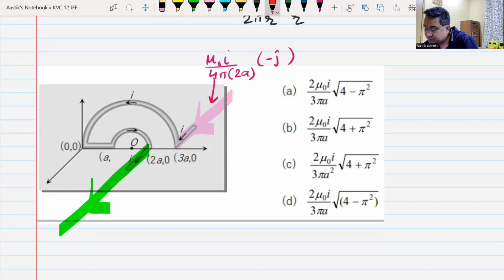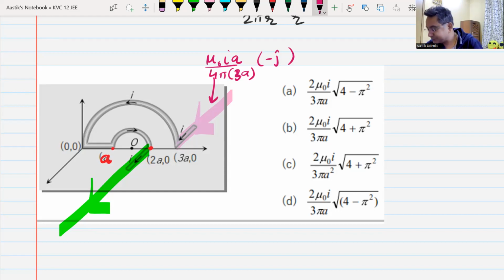It's difficult to understand which point is given as what. What I have assumed is, this point would be A, this point would be 2A, and this point would be 3A. So it is not A. Then it will be 3A minus 3A by 2. It will be 3A by 2. Now it is correct?